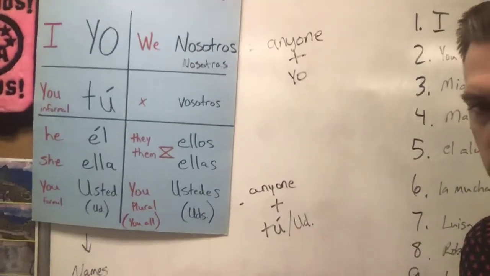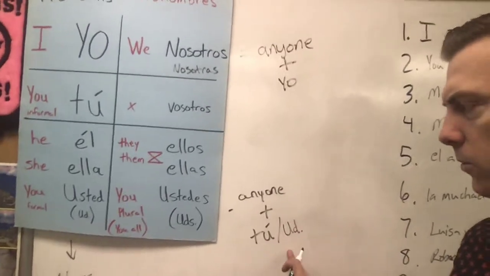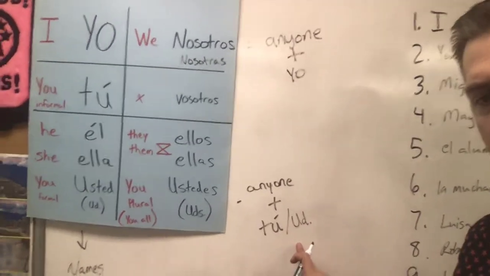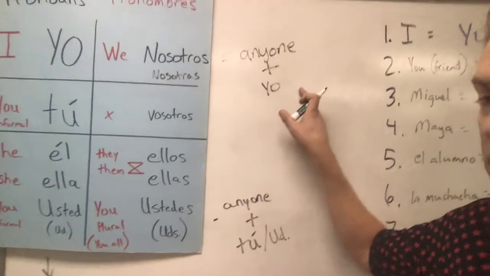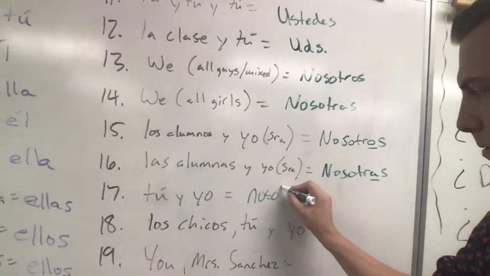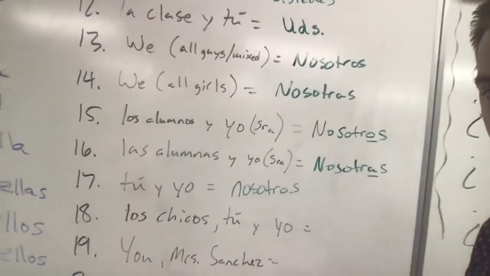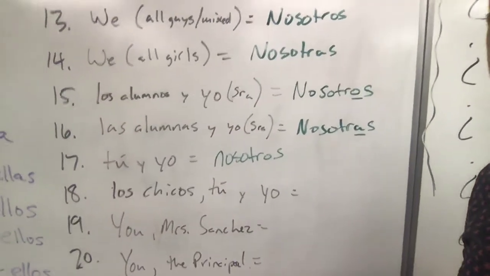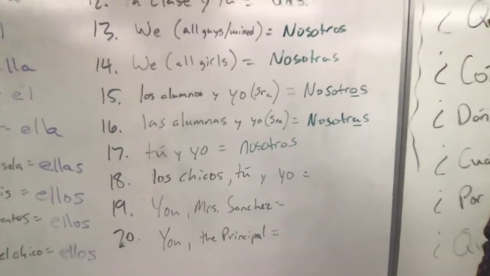Okay? What about tú y yo? Let's look at our rule. Tú y yo. Anyone plus two, that's not right. It's anyone plus yo. Anyone plus yo. So this one should be nosotros. What about los chicos, tú y yo?